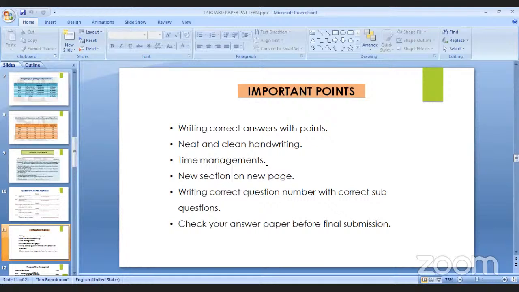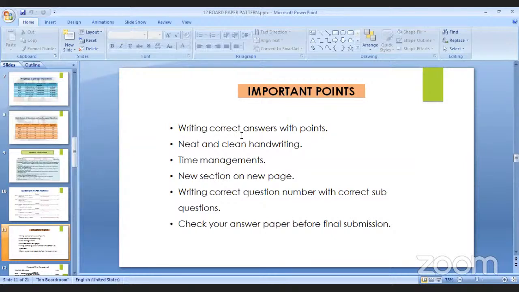Because of poor time management and not reading the question paper properly. So first read the question paper properly in 10 minutes, then see which questions you can very confidently attempt.